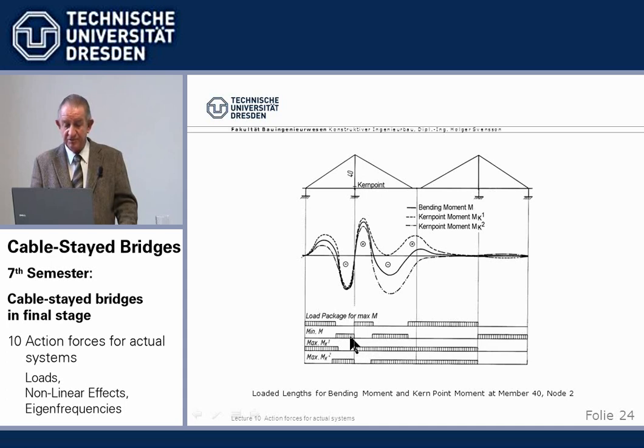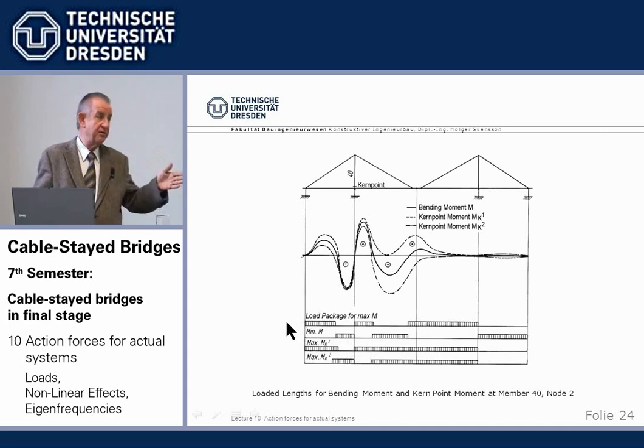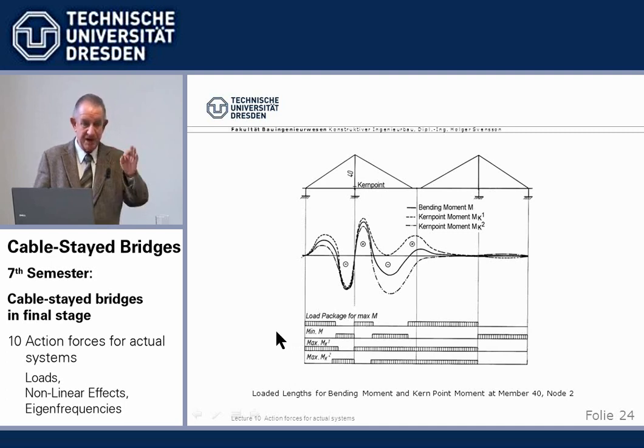Now, if we look into the current point moments, then we find, the way I've told you, if we superimpose moment influence line plus k times normal force influence line, a partial influence line, depends on the relation between section modulus, what we call W in German, S in English, Widerstandsmoment, to area.